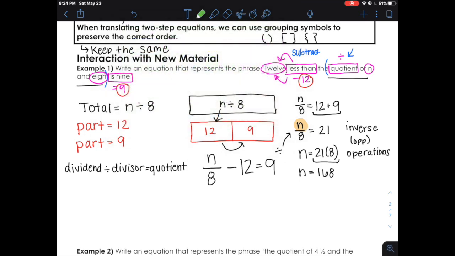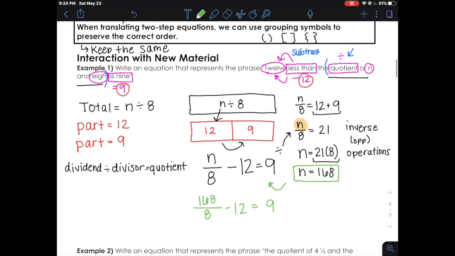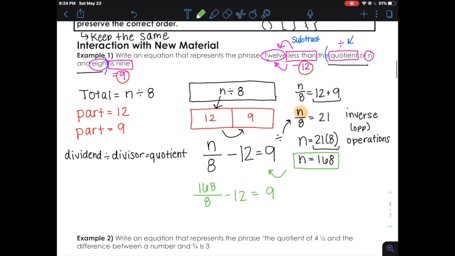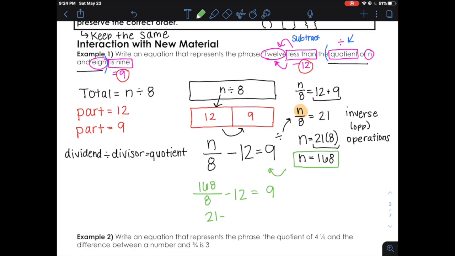So the only thing I want to do then is just check and see if this value of n equals 168 works in our equation that we wrote for our phrase. So I put 168 divided by 8 minus 12 equals 9. Okay, so when we simplify 168 divided by 8, I get 21.